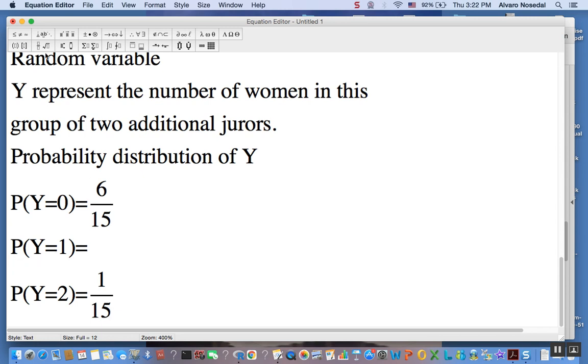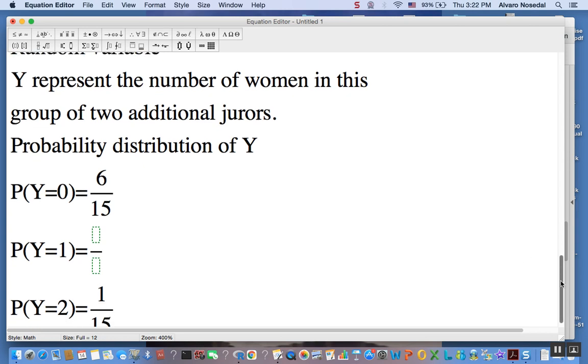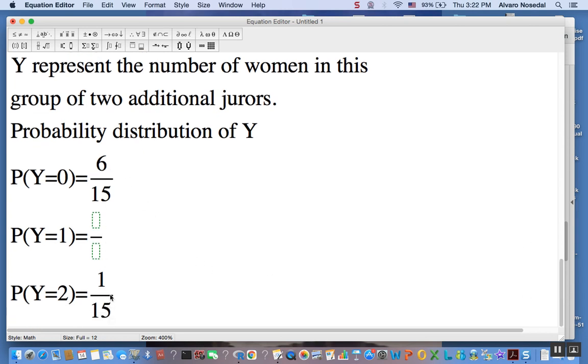Finally, we could find the remaining value in 2 ways. We could count, or we could use the properties of a probability function. So we know that the sum of these should be 1, right? So this one should be 8 divided by 15, right?